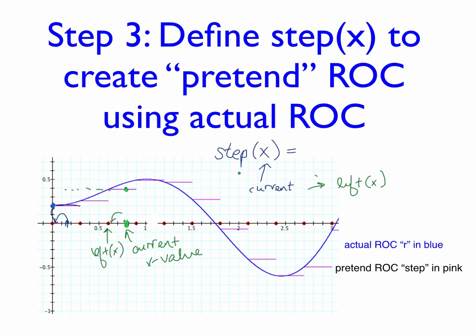I'm trying to define step of x. I don't know what step of x is. The only thing I know is my actual rate of change function, r, which was in blue. This is what's given to me. Everything else in this picture I've created. Whatever your function was that made the blue line, put left of x into that.